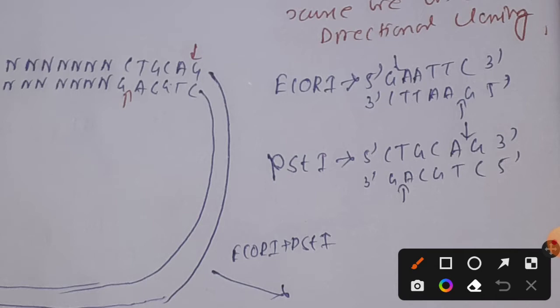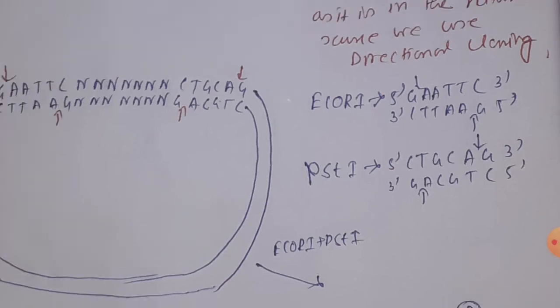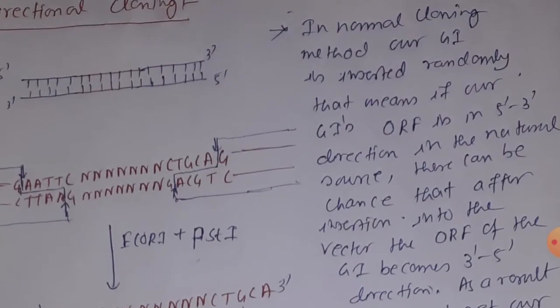Okay, that is the idea. In directional cloning we use two restriction endonucleases. Among them one will be a 5' staggered cutter, another one will be a 3' staggered cutter, and make it very clear what kind of restriction endonuclease you will use.